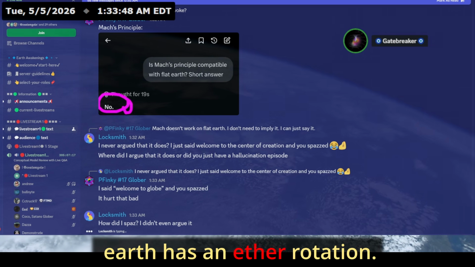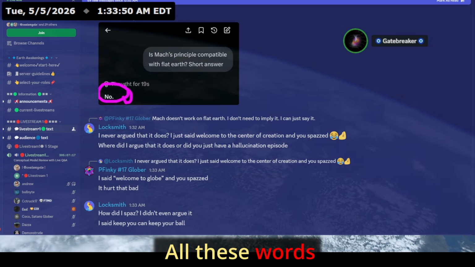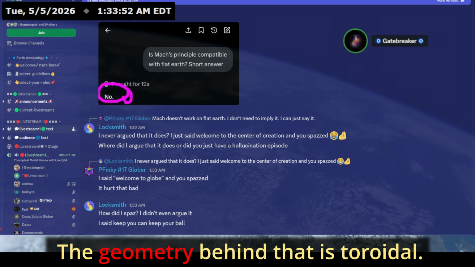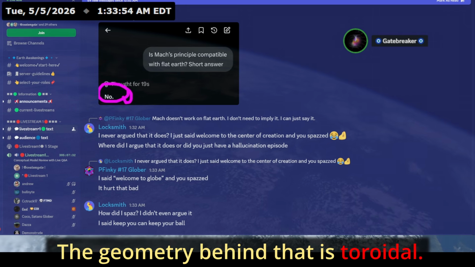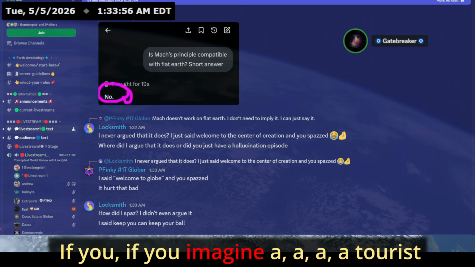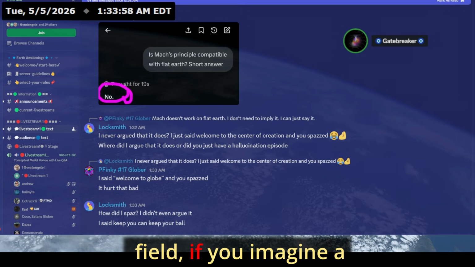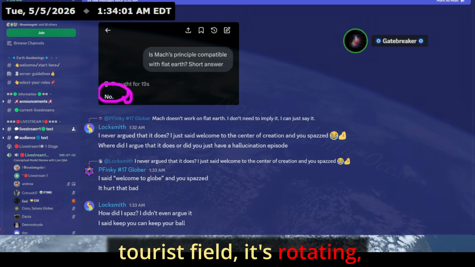Concave Earth has an ether rotation. All these words, concave Earth has as well. The geometry behind that is toroidal. It's spherical. If you imagine a torus field, it's rotating, right?